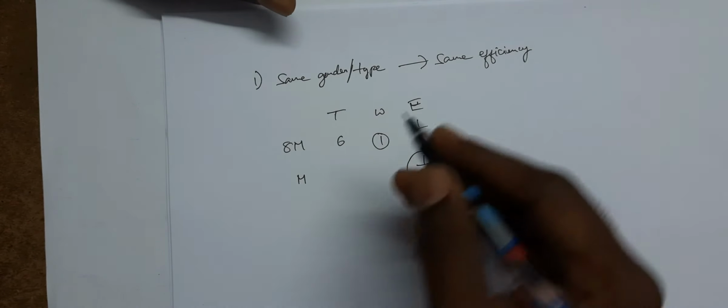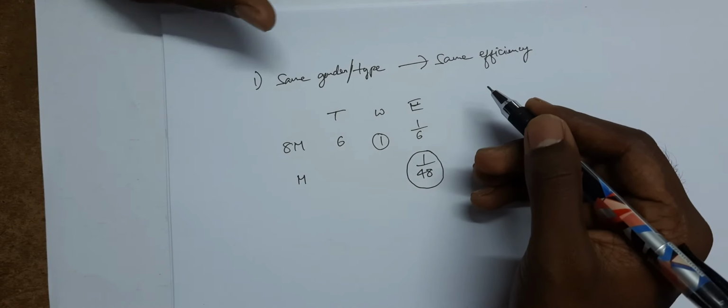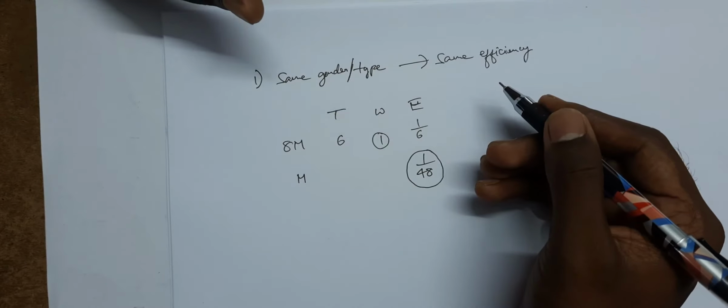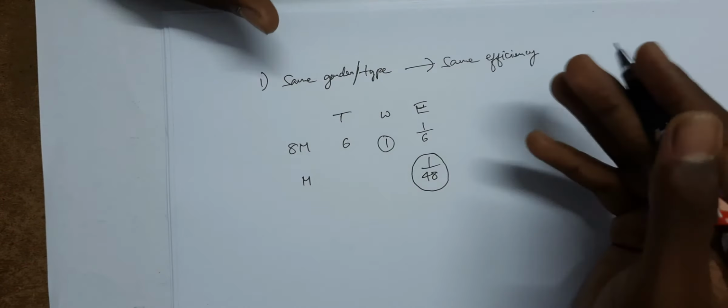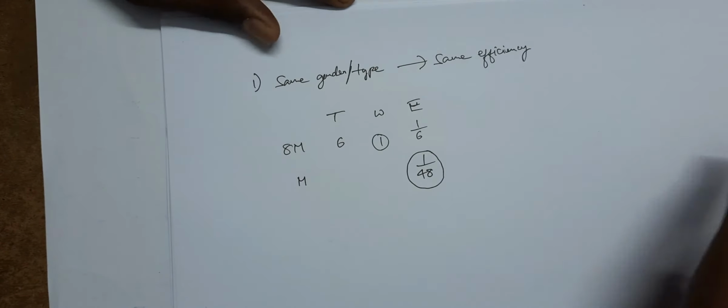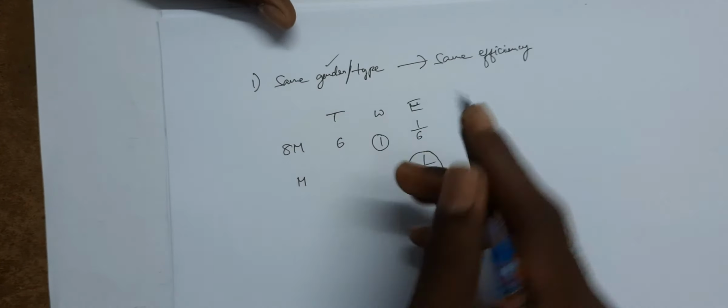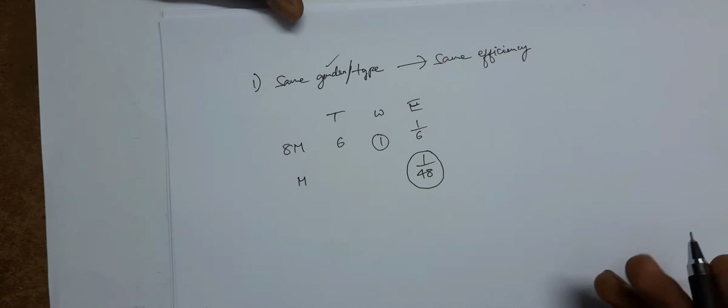Okay, but if they mention their names like Kalyan and Deepak, then they both have different efficiencies. Even though they both belong to the same gender, they have different efficiencies.